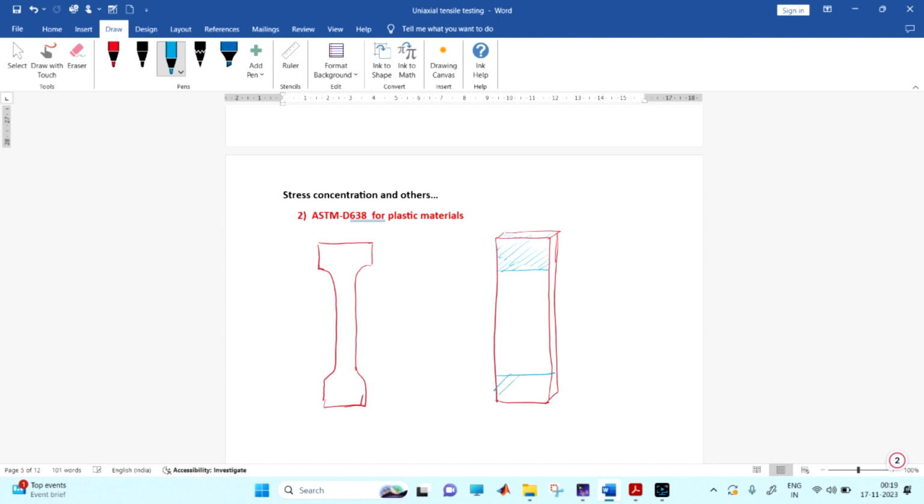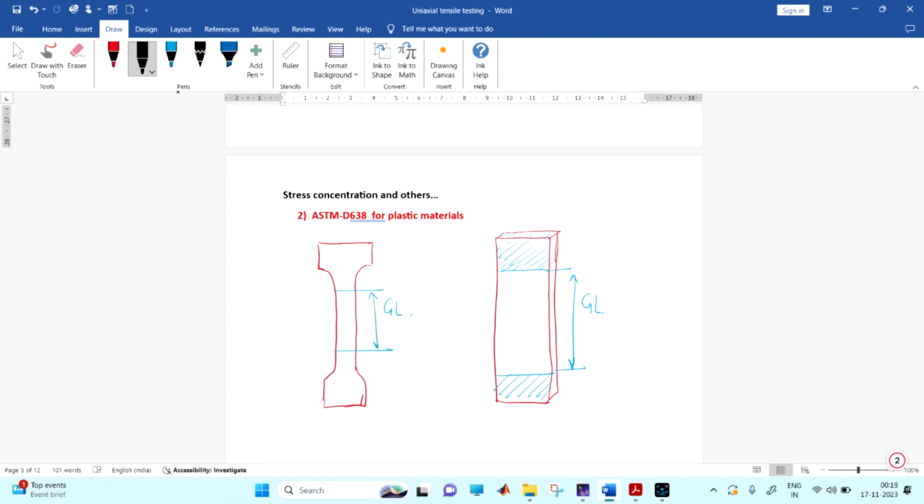Similarly here, this will be held by the grips. So this is the gauge length, here, this will be the gauge length.